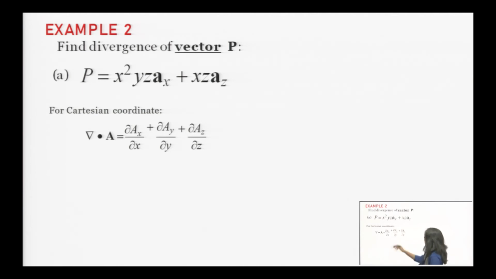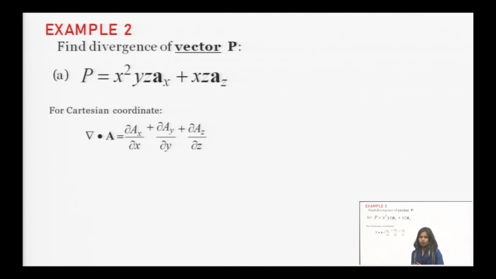As x y z is given here, it shows that it is given in Cartesian coordinates. So we need to apply the formula for Cartesian coordinates only. The formula for divergence in Cartesian coordinates will appear as this, meaning we need to differentiate every coefficient with the corresponding component.